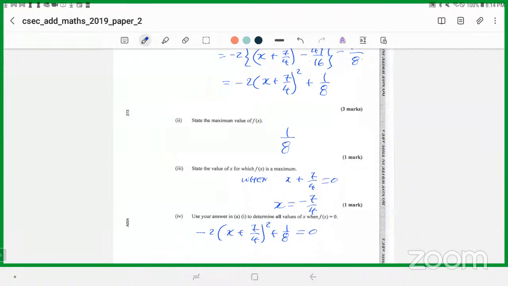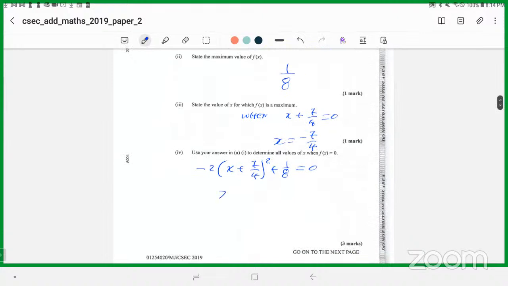That's what we're solving. All right, so when we transpose this, it becomes negative 1 over 8, and then we divide by negative 2, which becomes positive 1 over 16. Then we can see that x plus 7 over 4 squared equals 1 over 16. Do you agree with that?